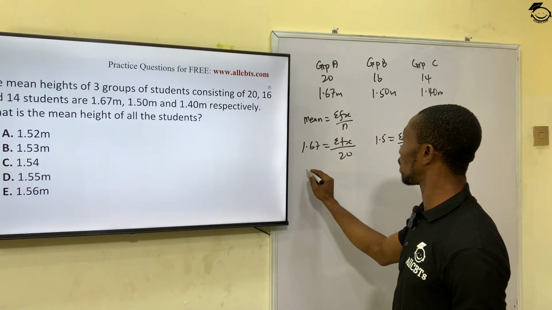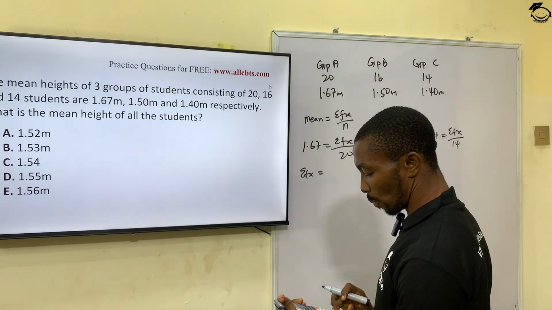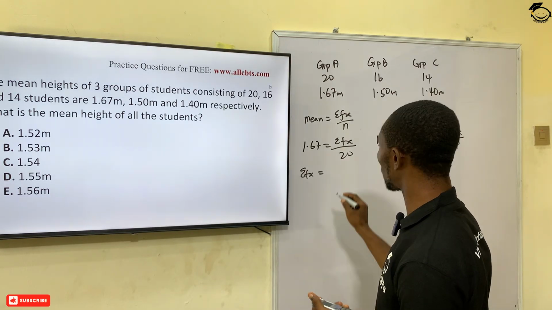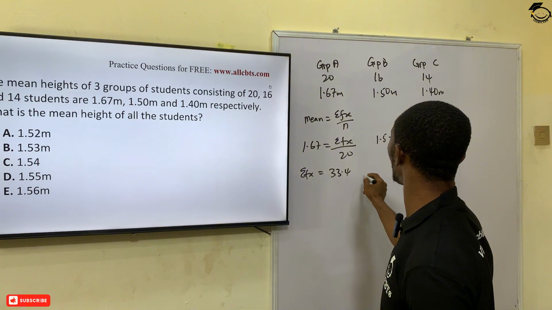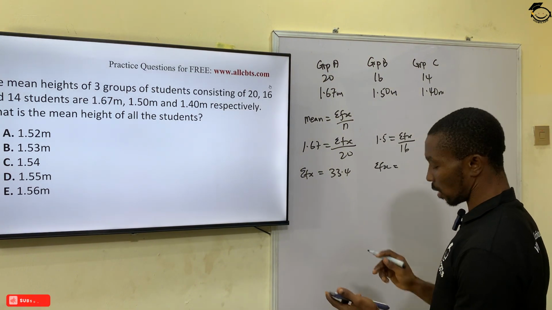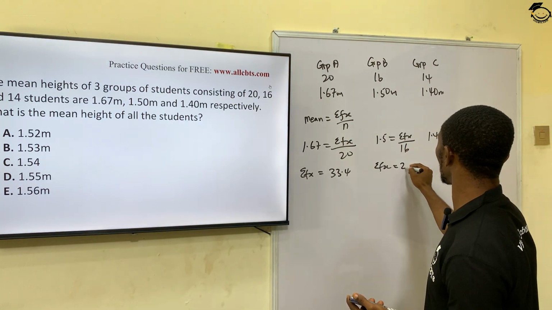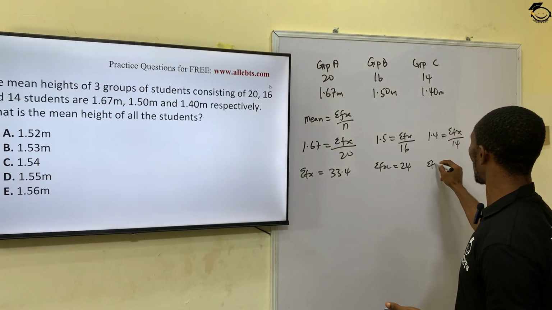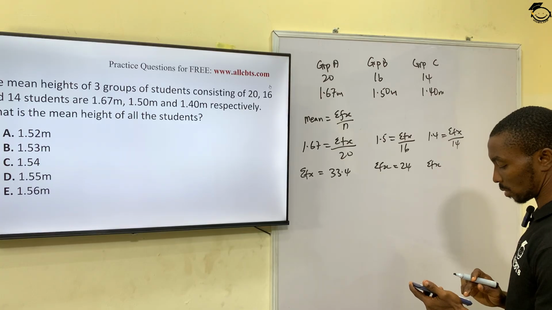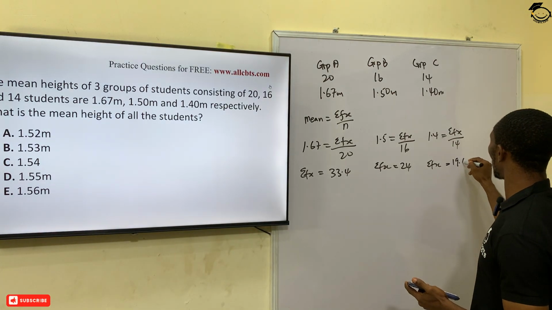So our ΣfX for group A would be 1.67 times 20, which gives us 33.4. All right. Our ΣfX for group B would be 1.5 times 16, which gives us 24. And our ΣfX for group C would be 1.4 times 14, which gives us 19.6.